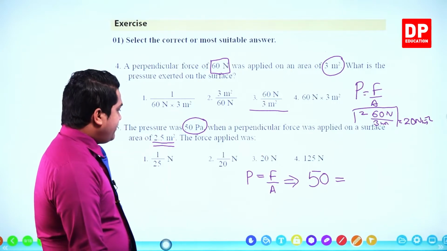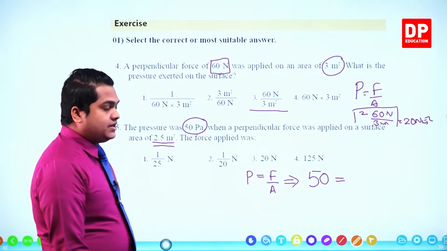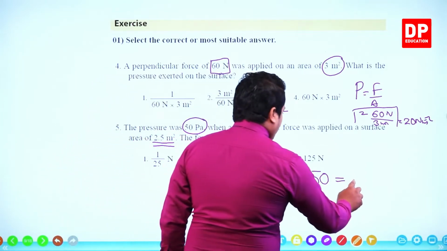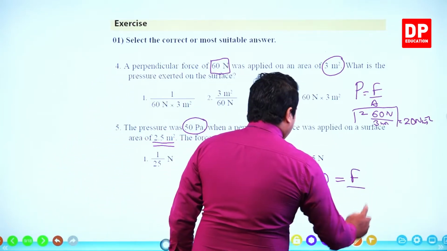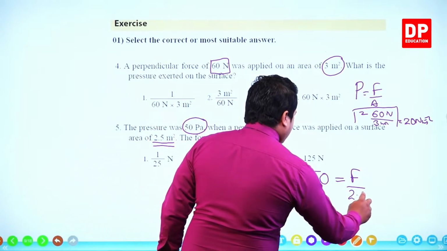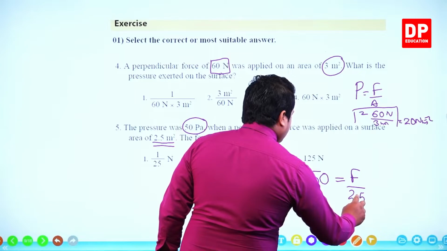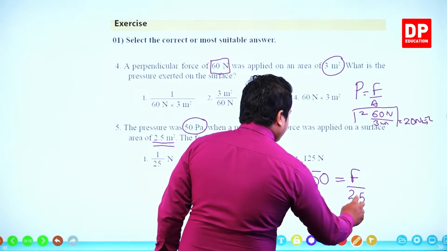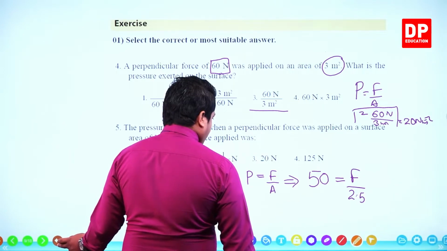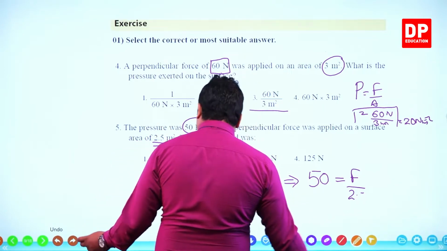P is equal to force upon area. Pressure is 50 pascals, and 2.5 square meters is the area. So force we don't know, area is given as 2.5 square meters. So here, my dear children, what do you have to do?